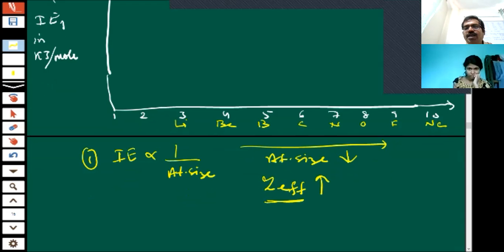If effective nuclear charge increases, the nucleus will try to attract all electrons toward itself, and the size of the atom will become small. Did you understand, children? Yes, sir.